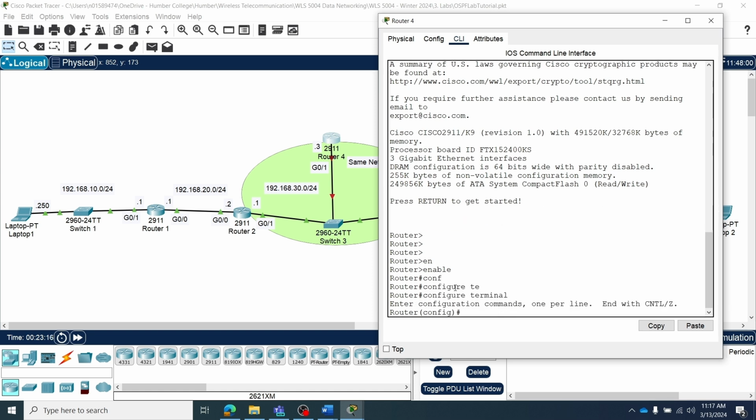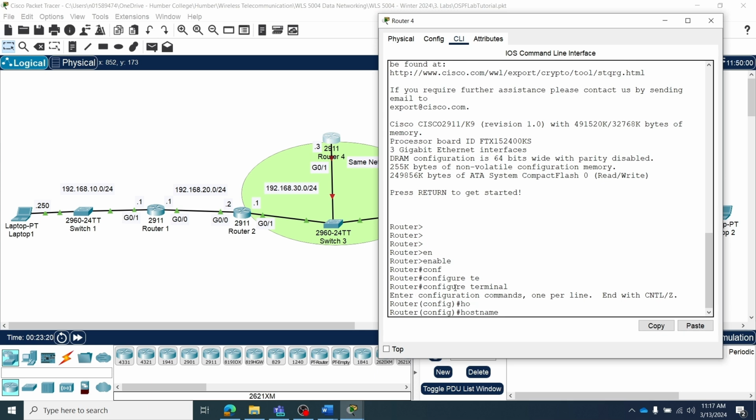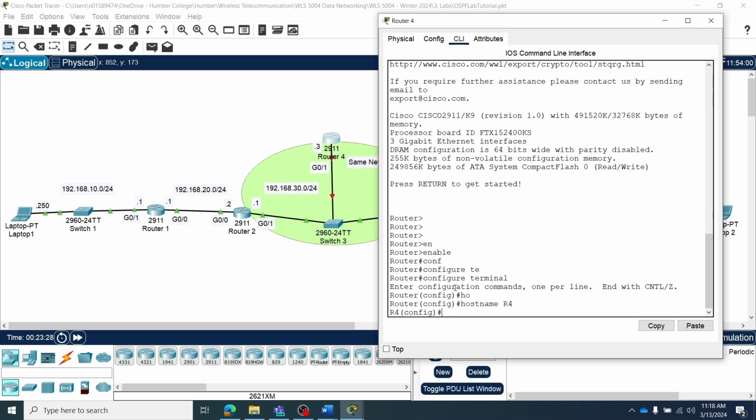To rename it, the command is hostname, then the name of the host, so R4 or router 4. Now let's configure the IP address on gigabit Ethernet 0/1.